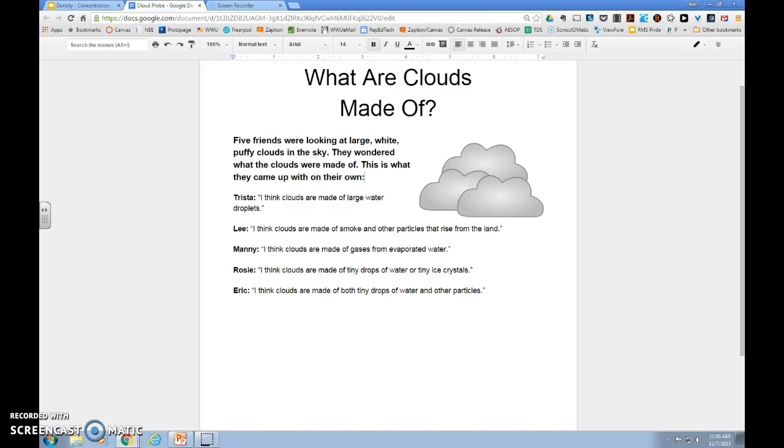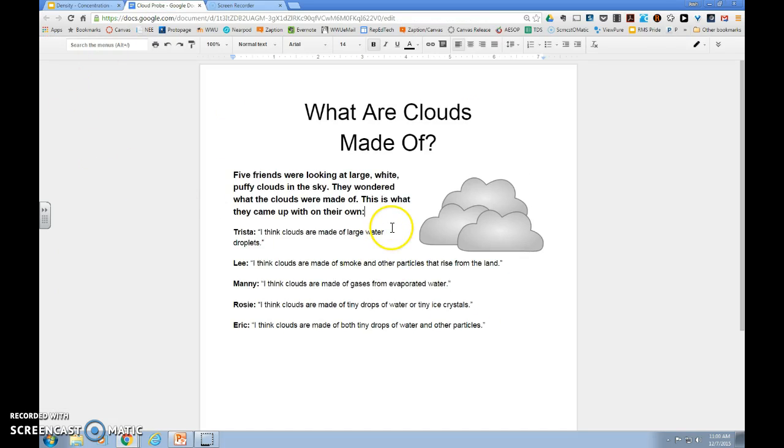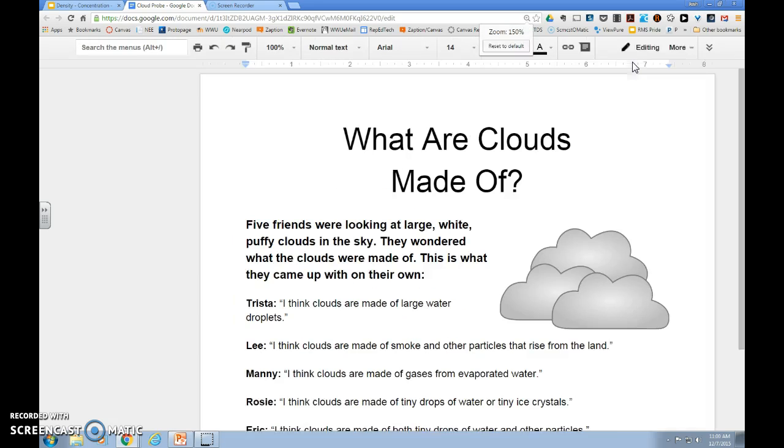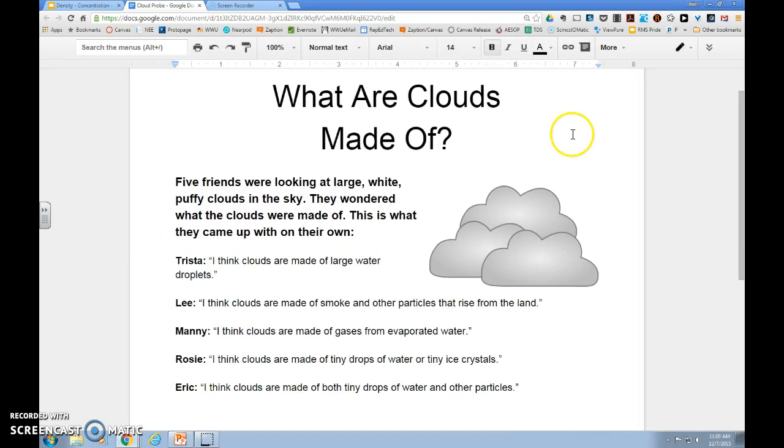After that, we took a look at this. I need you to try to come up with your own answer about which of these people are correct. Five friends were looking at a large white puffy cloud in the sky, and they wondered what clouds are made of. This is what they came up with on their own. This is what Trista, Lee, Manny, Rosie, and Eric think.